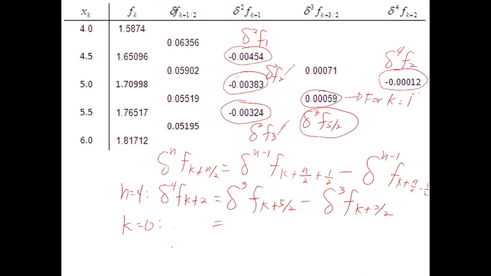So in that case we have delta to the fourth f 0 plus 2 is 2, delta cube f k0, so 5 over 2, k0 3 over 2. Okay, so that's it.